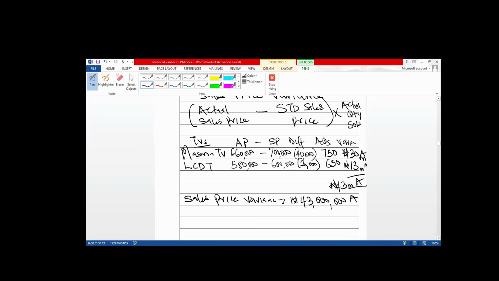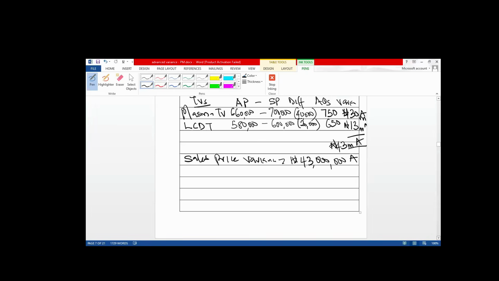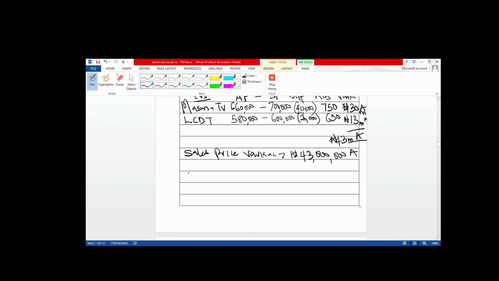Next, sales volume contribution variance. That means the examiner wants to use marginal costing.